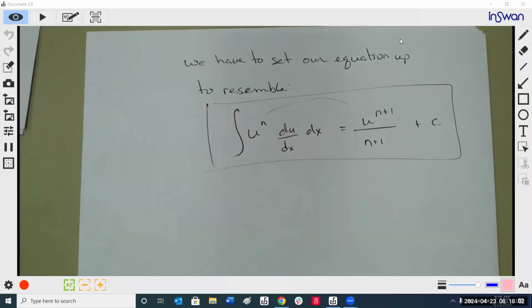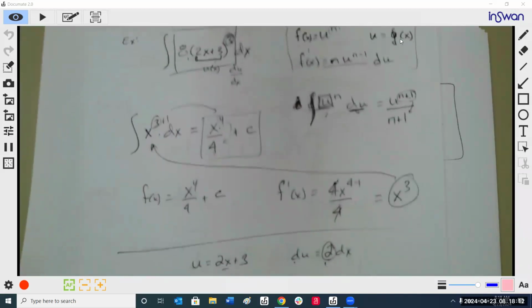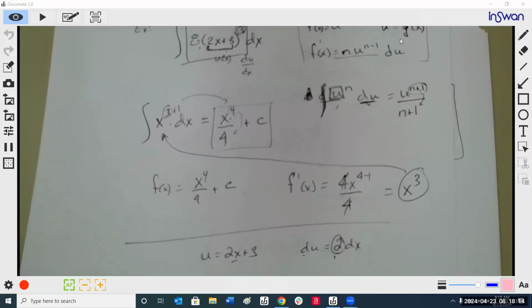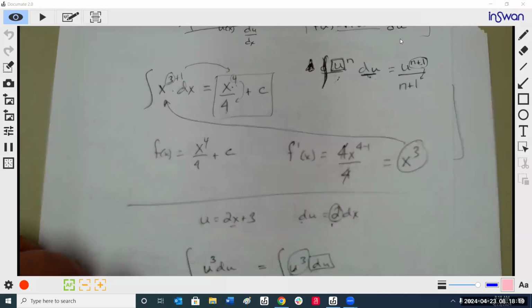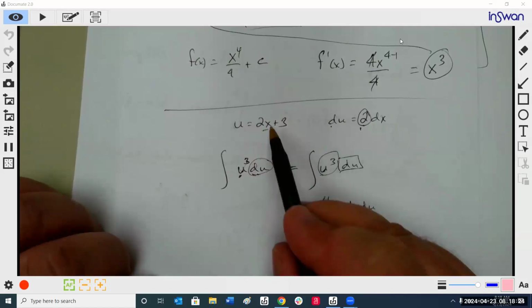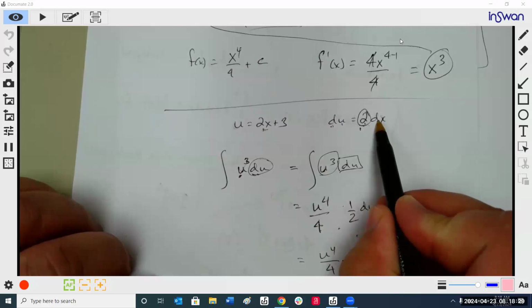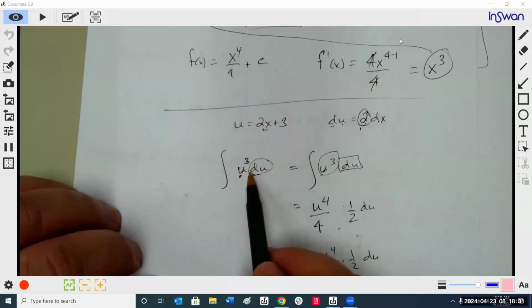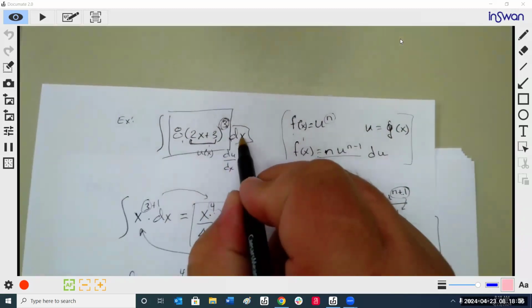Example 1. Yes. I'm so confused on why you multiply it by 1/2 and third is 2. Because, okay, when we took, where's that one? Here. We wanted to be u cubed du, right? When we took the derivative of this, our du was 2x. But we don't have a 2 there in front of that one. So all we have in here is dx, right?